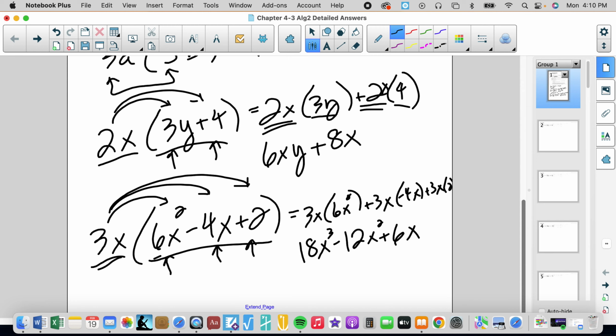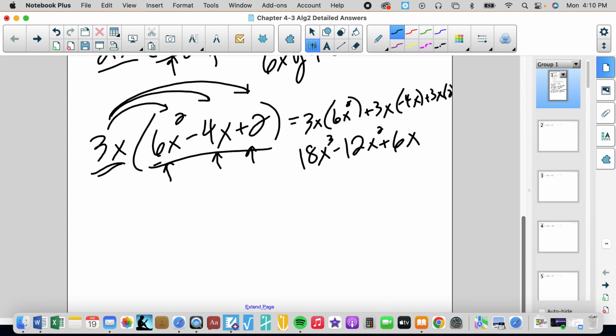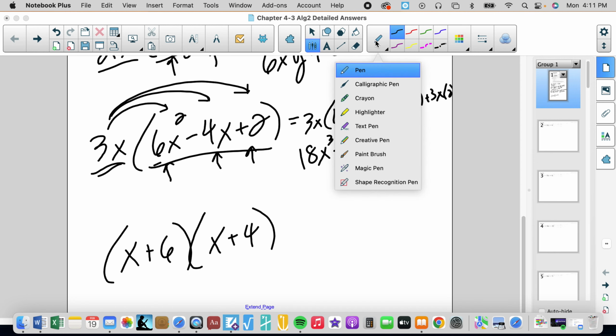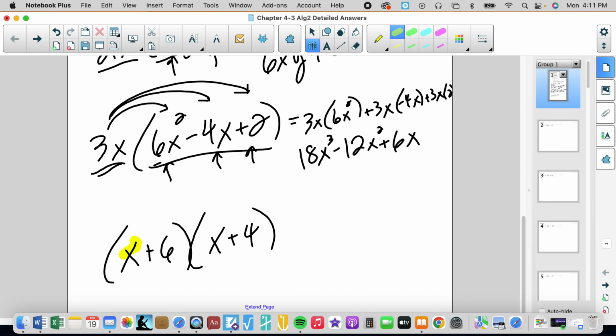Now, what they introduce here is you have two terms. Let's make that positive. The way to look at this is you have a single term out here that you are going to distribute to each of the terms inside here, and then you have a second term that you are going to distribute to each of the terms inside there.